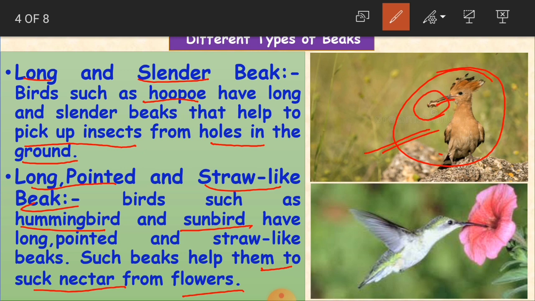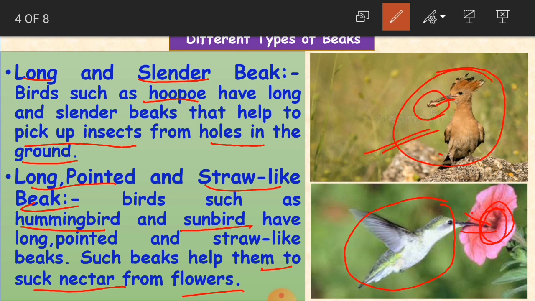See children, as I said, when we use straws to suck the liquid of juices, milkshakes, water and all liquid forms, some birds like hummingbird and sunbird use this straw-like, long pointed beak to suck the nectar from the flowers.